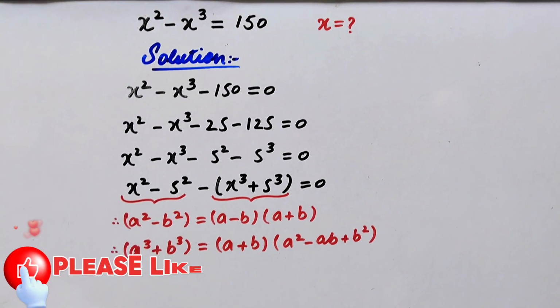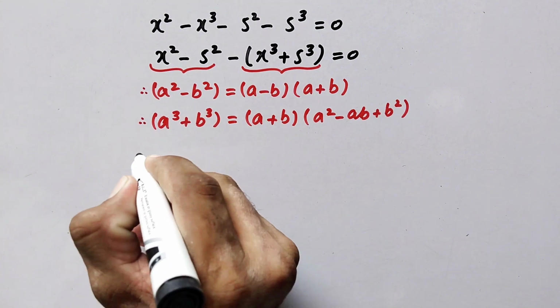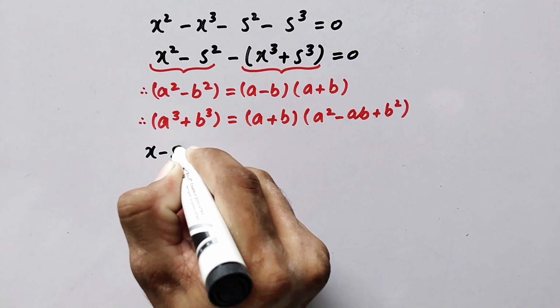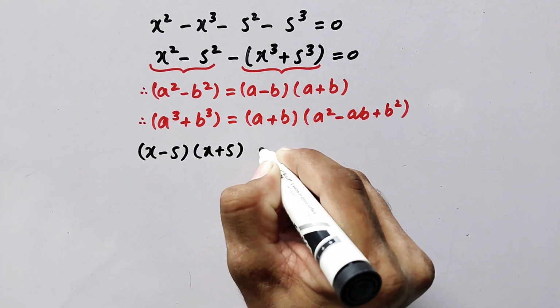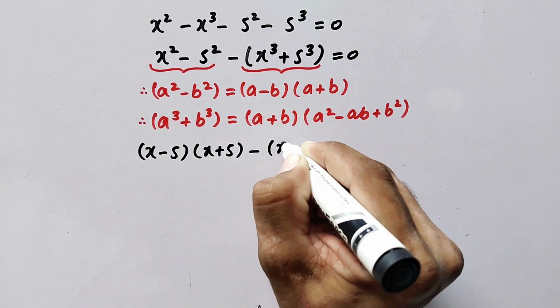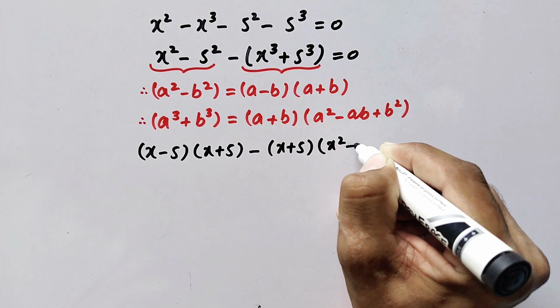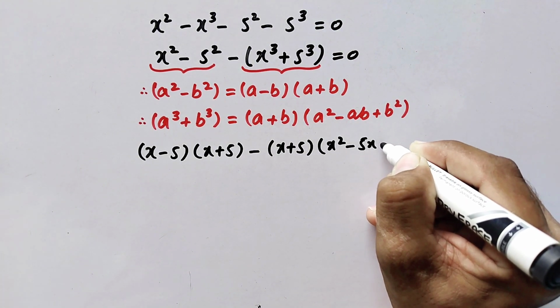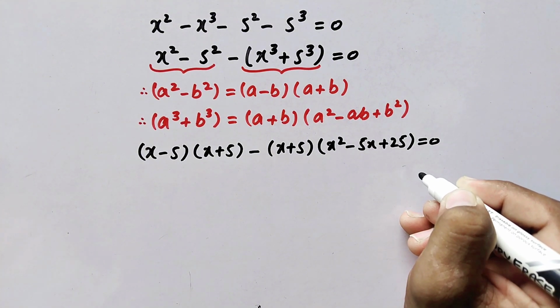So now by following these formulas, here will be x minus 5 times x plus 5 minus x plus 5 times x square minus 5x plus 25 is equal to 0.